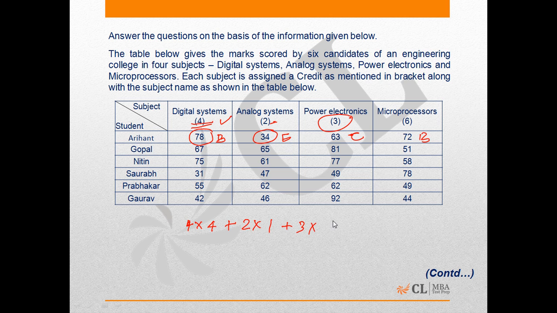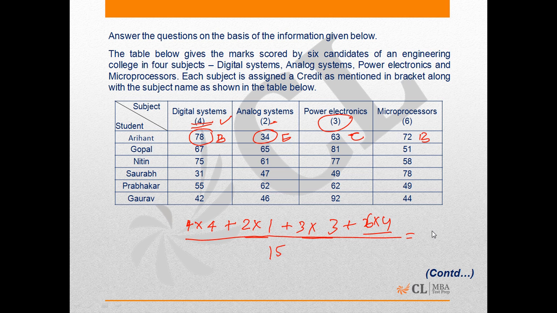Grade point for C is 3 plus 6 into grade point for B, which is 4, and this is equal to 16 plus 2 plus 9 plus 24, that is 51, upon the sum of the credits, which is 4 plus 2 plus 3 plus 6, 15.